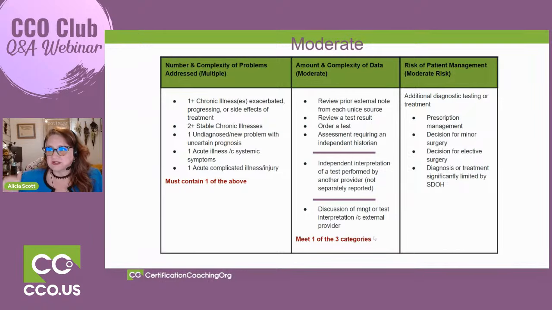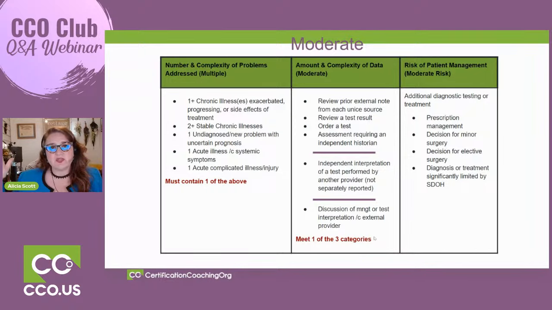Now, we'll discuss a little bit now here about amount of complexity of data and risk and patient management. But after we go through those, we're going to break down and give examples of the first column. Everything else I think is pretty straightforward, but let's talk about them going backwards.